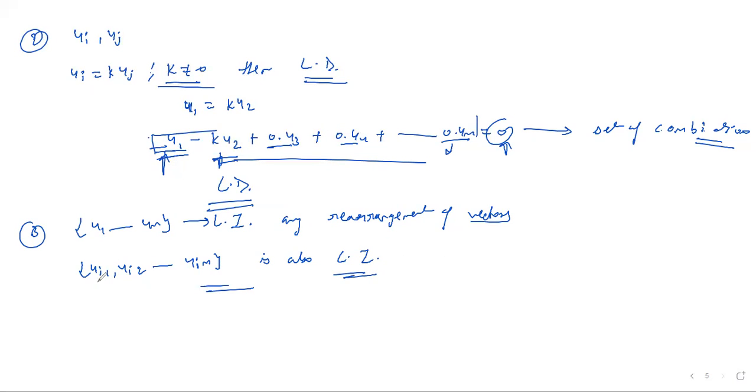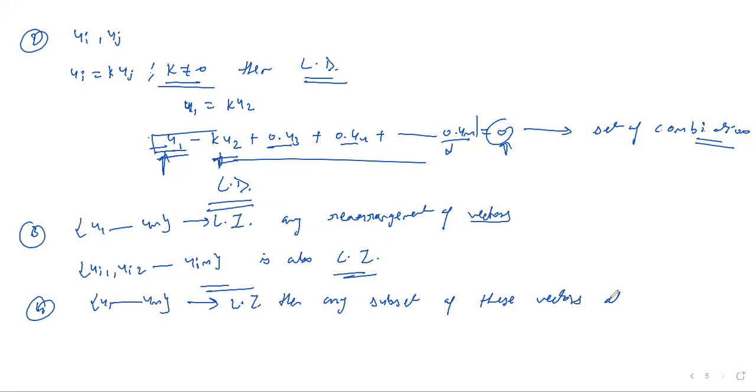Okay, and another result: if the set of vectors u1 to un is linearly independent, then any subset of these vectors is also linearly independent.